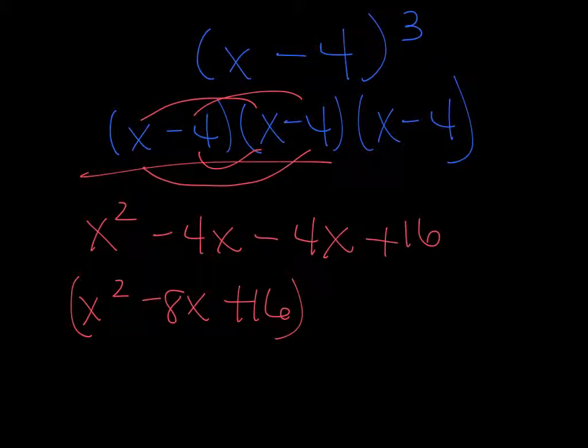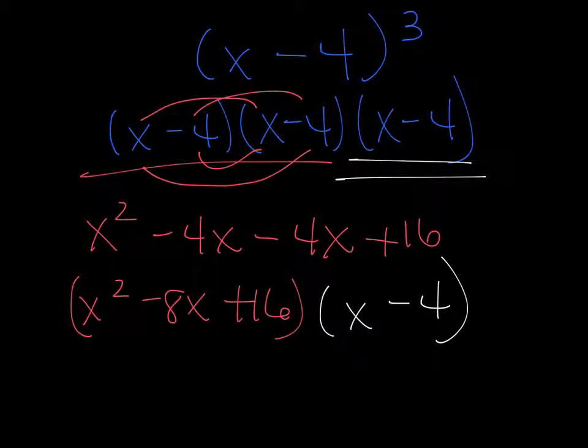But we still have to multiply that times this third binomial, x minus 4. Well, we've already done a polynomial times a binomial, so it's the same thing. You just have to make sure you take everything in the first parentheses times everything in the second parentheses. The key is being very organized. You can't do this stuff in your head.